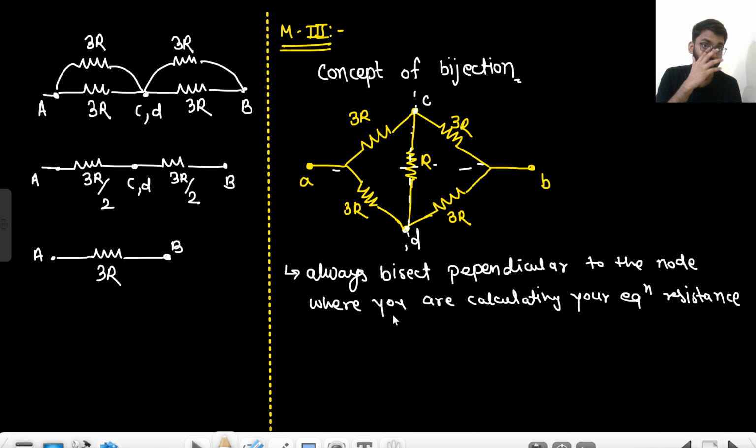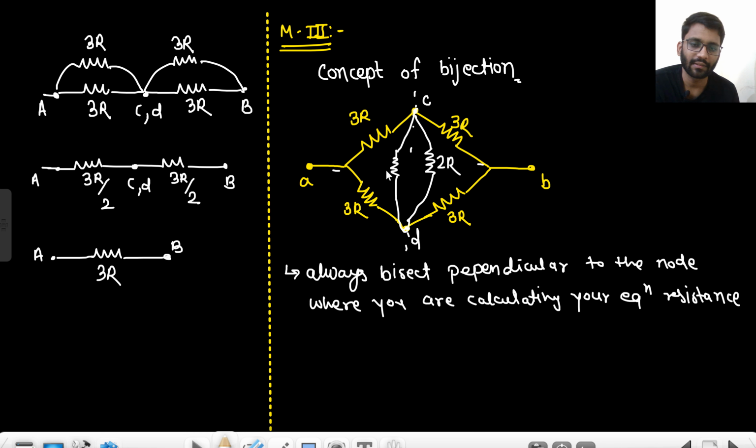What I am really doing is removing this 3R. There was this R, so I can make it like this: this will be 2R, and here also 2R. I can reconstruct the circuit like this. Are you fine with that?